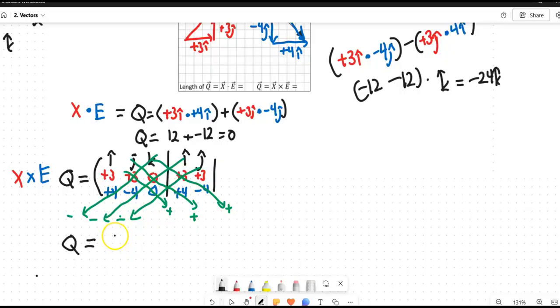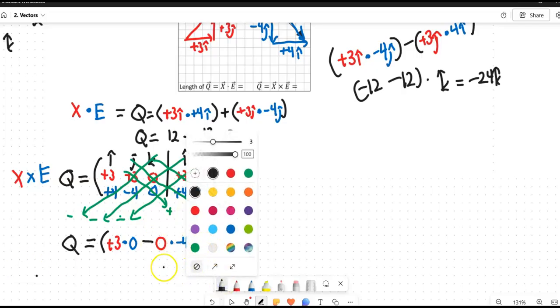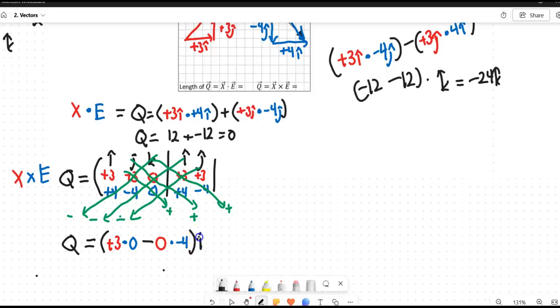I'm going to do it this way. Positive 3 times 0. And then we're going to be subtracting the other part, which is going to be negative 4 times 0. So 0 times a negative 4. And since we're doing the I portion, this will be the I portion.